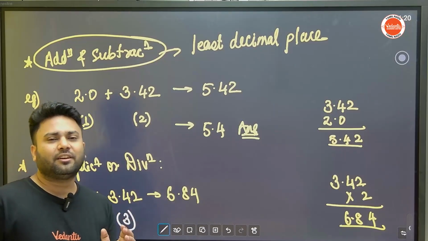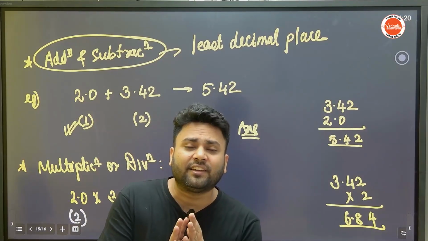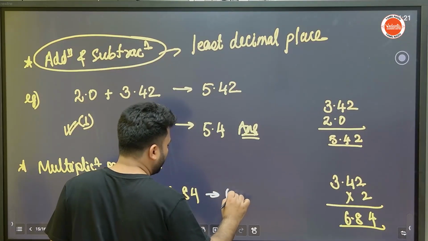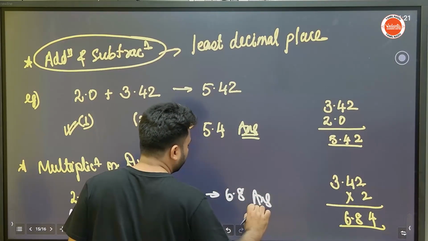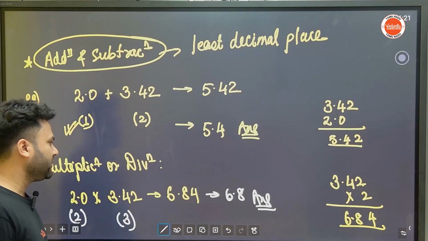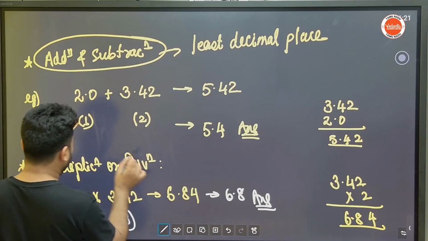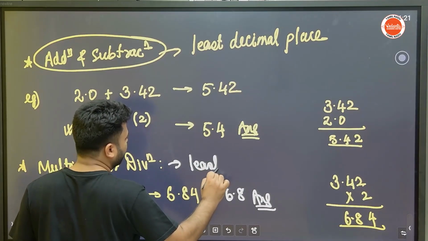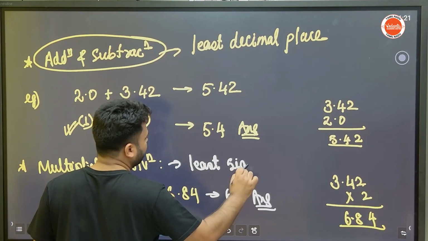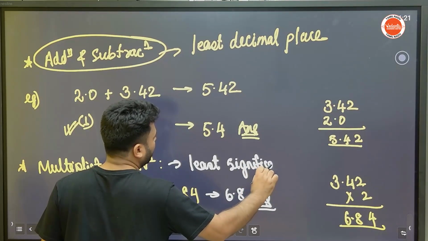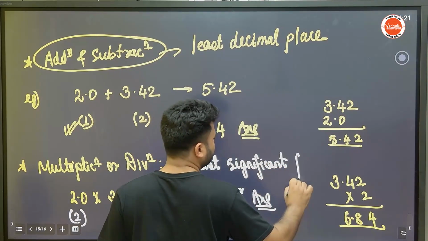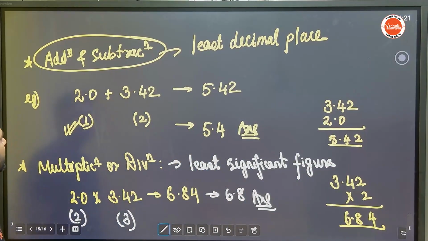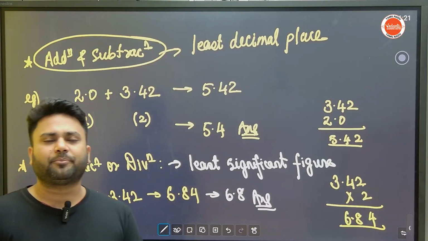So your answer should contain least significant figure, means 2. So here 6.8 will be your answer. See here, only 2 significant figures. So, in case of multiplication or division, we see least significant figure. Okay. So this is the rule for addition or subtraction.